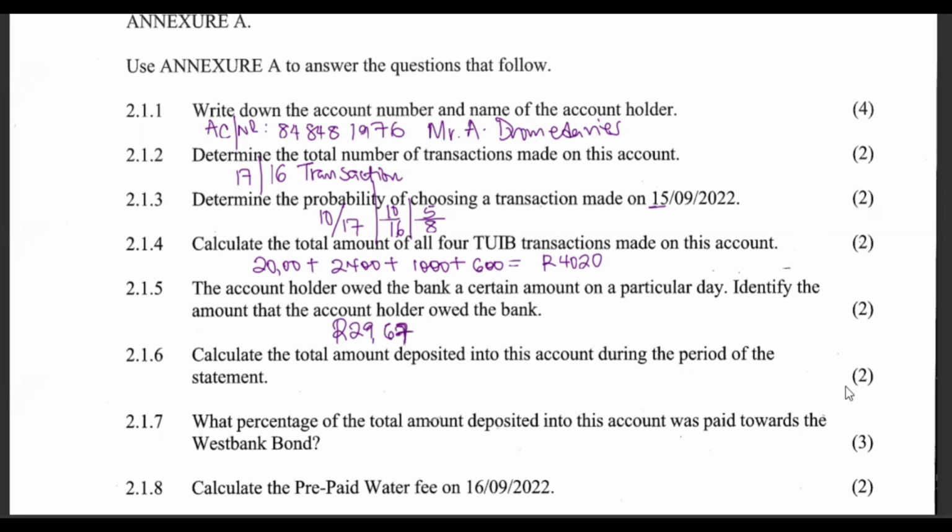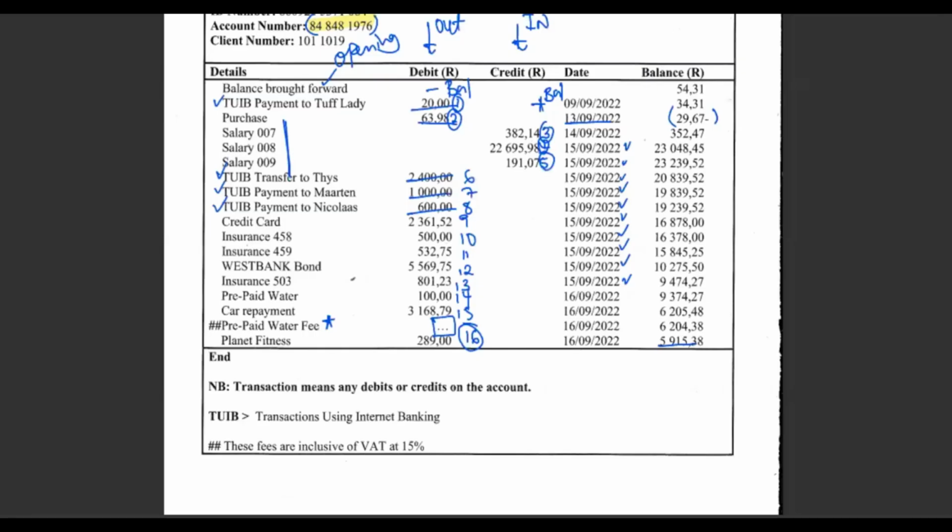Calculate the total amount deposited into this account during the period of the statement. Now, deposited simply means the money that came in. And I told you this is on the side of the credit. So we go to the side of the credit, we see how much came in.